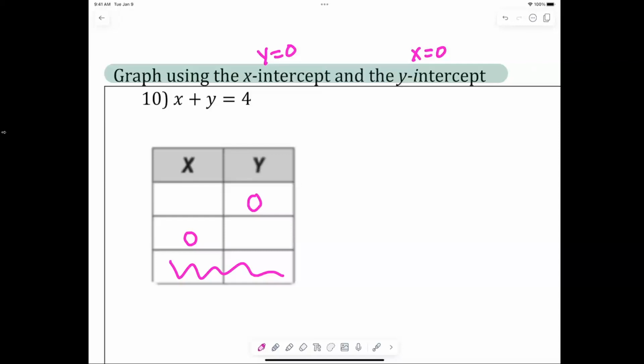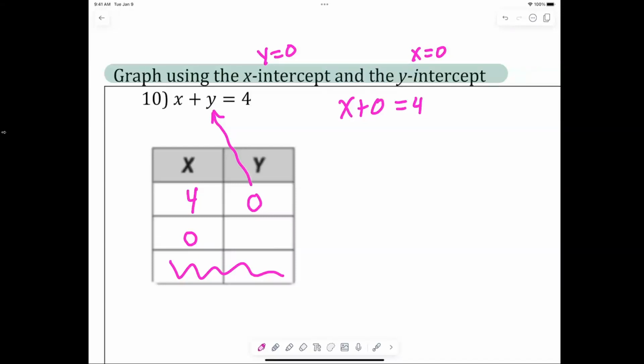Now, because we are smart, stop daydreaming, if I let y equal 0, what is the x value? Some of you are having trouble with x plus 0 equals 4. What is the answer? 4, right?